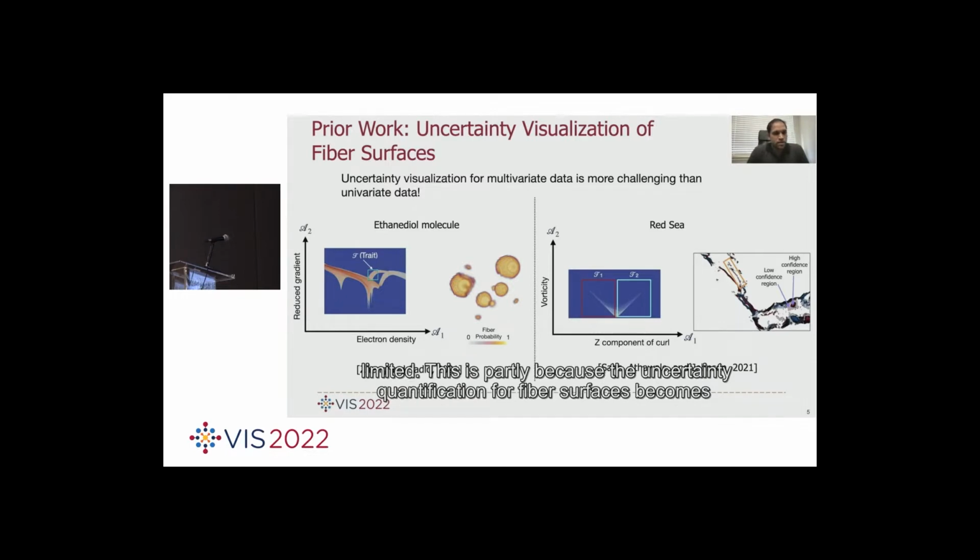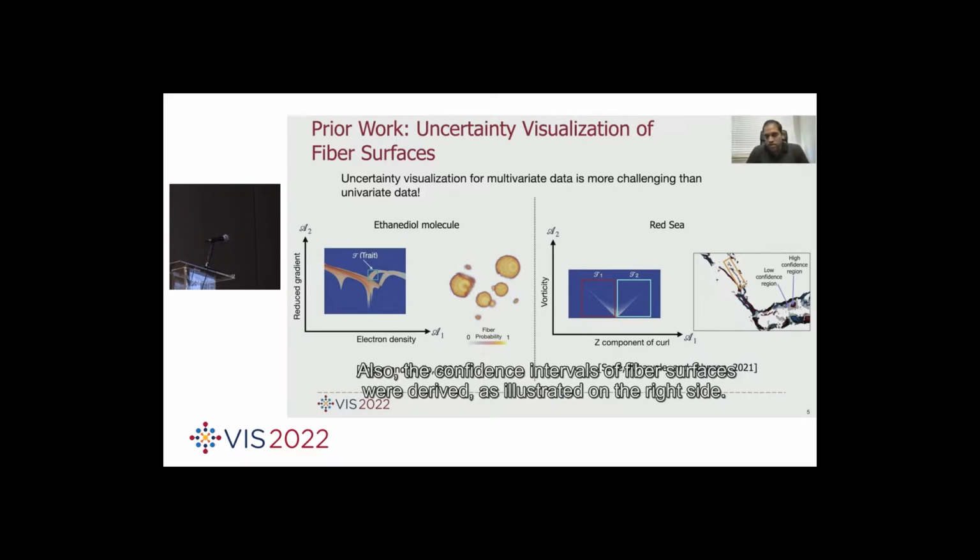This is partly because the uncertainty quantification for fiber surfaces becomes computationally more challenging due to the additional number of variables in the datasets. Now, as illustrated here, in the prior studies, the fiber probabilities were derived for the uncertain bivariate data for user-specified traits, as shown on the left side.